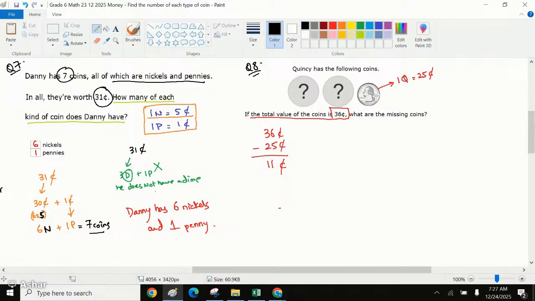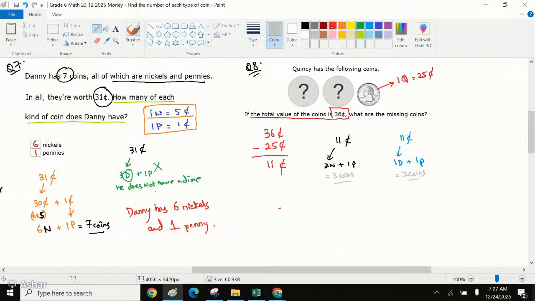In this case, the 11 cents can be broken down into, can I say, 2 nickels plus 1 penny? Or 11 cents can be broken down into 1 dime plus 1 penny. But the total coins were 3 coins, which were missing, and this was 2 coins.